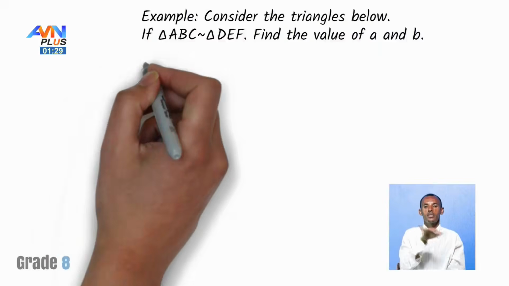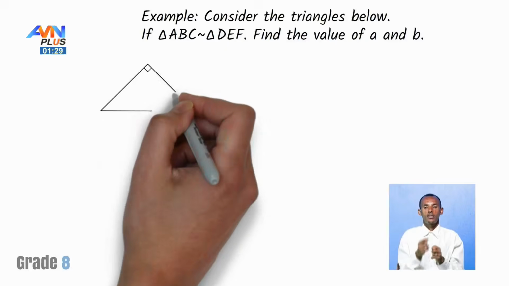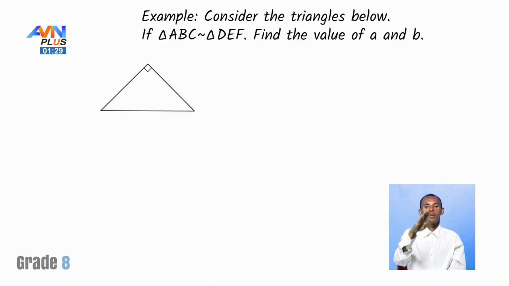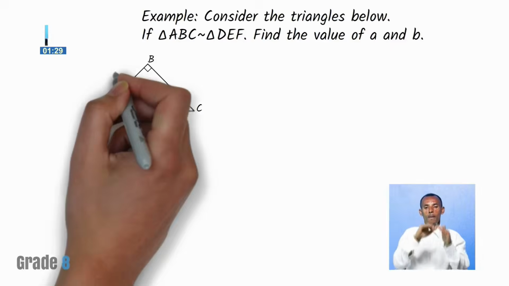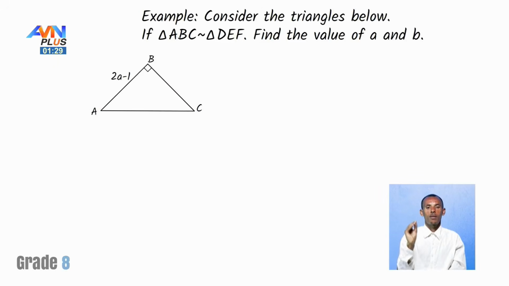Triangle ABC is a triangle with sides 2A - 1, 3B + 2, and 6.